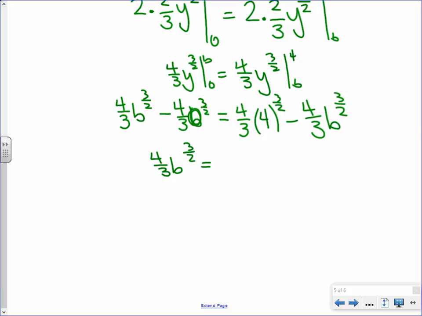So the left side we can rewrite as 4/3 b to the 3/2. On this right side, 4 to the 3/2. The square root of 4 is 2. Cubed is 8. 8 times 4 is 32.